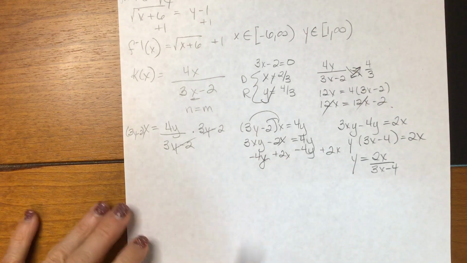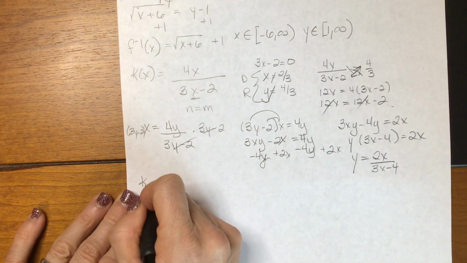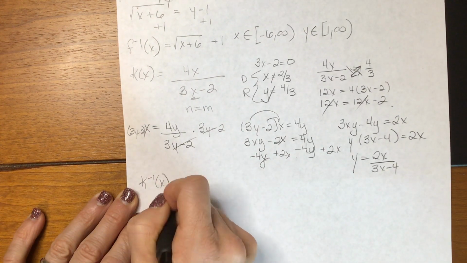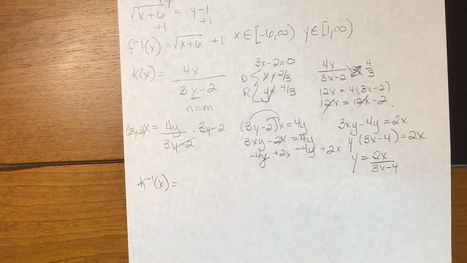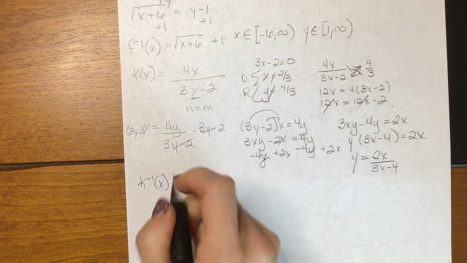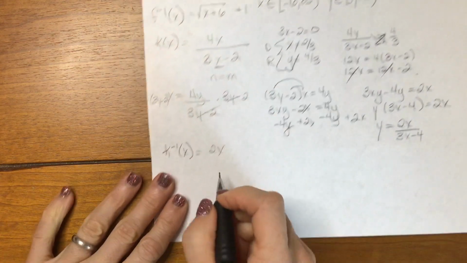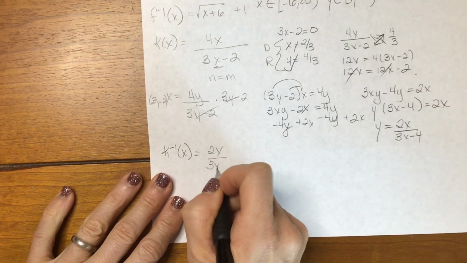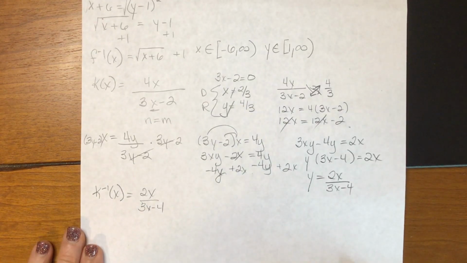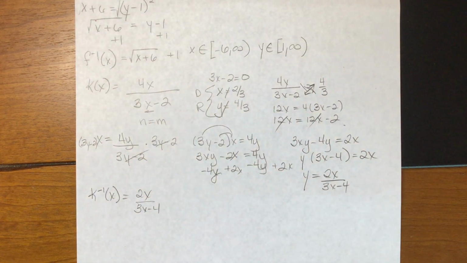So coming over here, correct notation for that is k to the negative 1 of x equals 2x all over 3x minus 4. So there's lots of scribbles for you, so maybe pause and get that down.